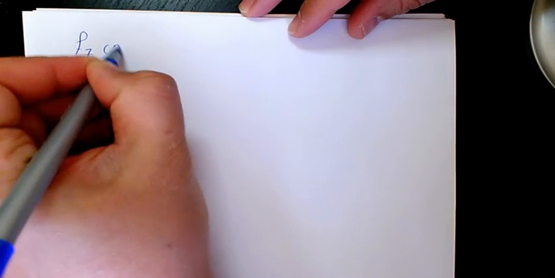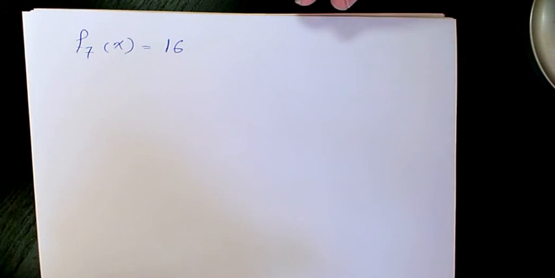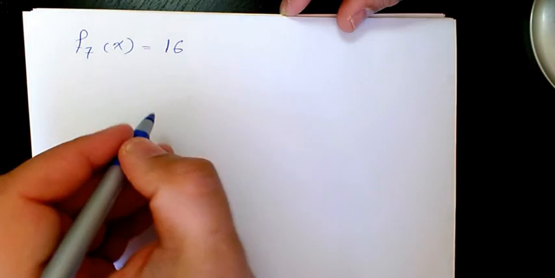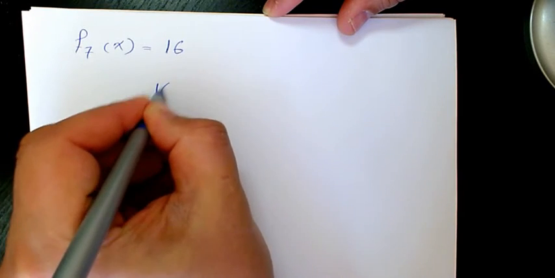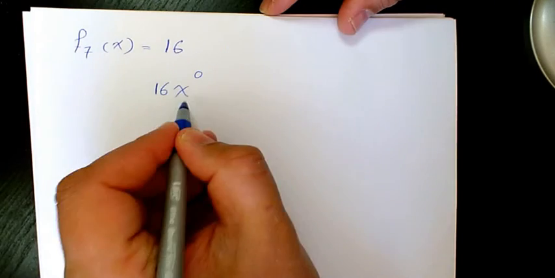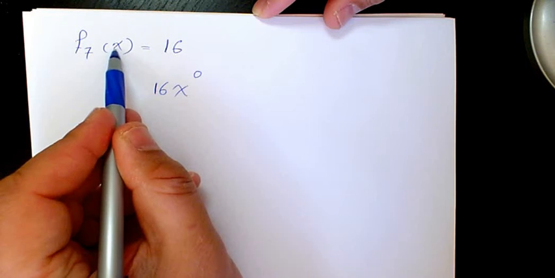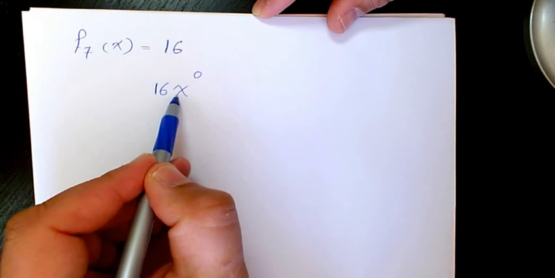Let's have one more example. f7 of x equals 16. This is a constant number, but we can consider it a power function as well. Why? Because that's equal to 16 x to the power of 0, or y to the power of 0. We don't know what the exponent is here, the variable is defined as x, so it has to be x.